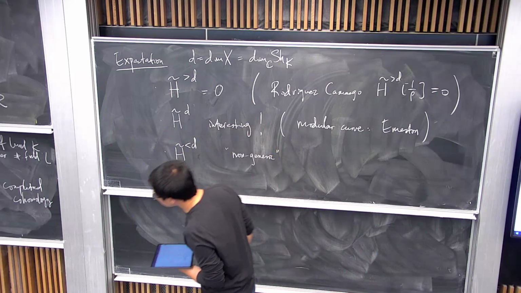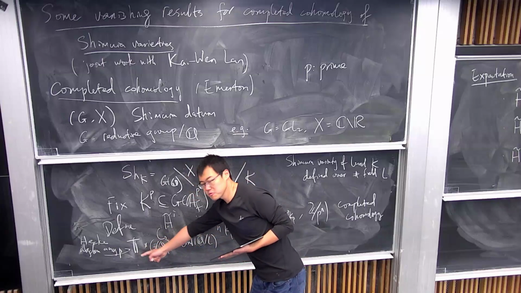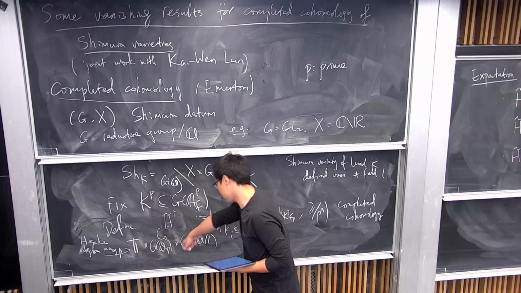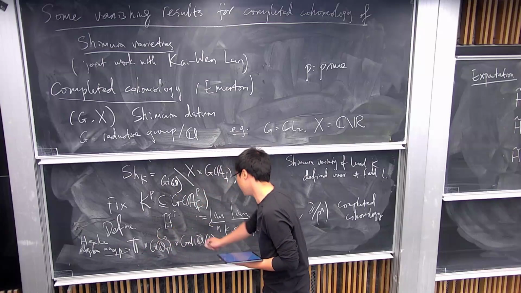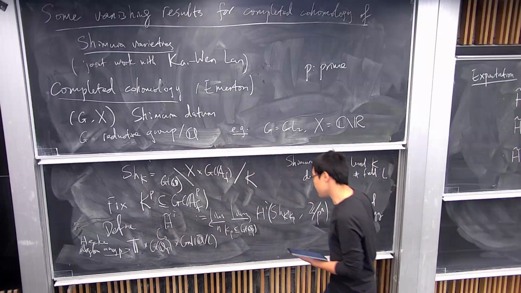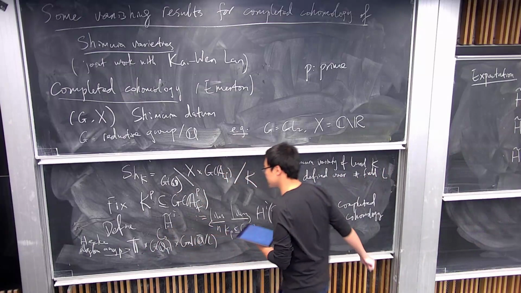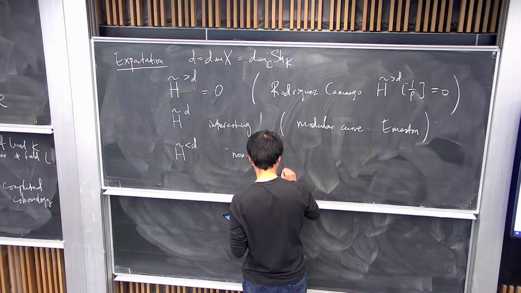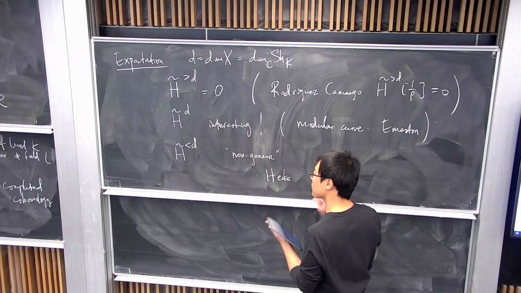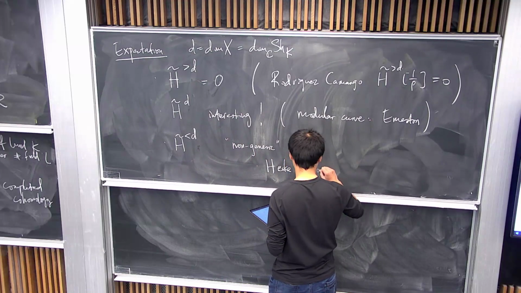Since I mentioned that there are three kinds of symmetries here, Hecke symmetry, the symmetry of this group at p, the representation of the p-adic Lie group, and also the Galois group, you can talk about this kind of genericity condition with respect to the different symmetries. For example, the Hecke action. If you just restrict yourself to the Hecke operators away from p, you know that actually the Hecke action is non-generic in a certain sense.